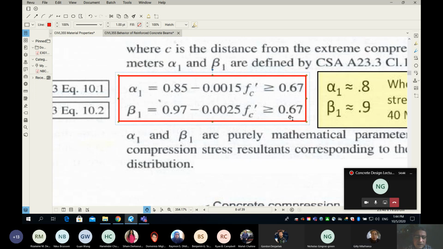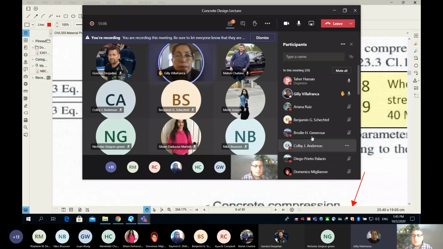Anybody remember last class when I discussed the normal range of fc dash? Are we making concrete like 80 and 100 MPa? Are we making concrete 5 MPa? What do you think? Can anybody remind me what the normal range of fc dash is that you will see in my class? 20 to 30.